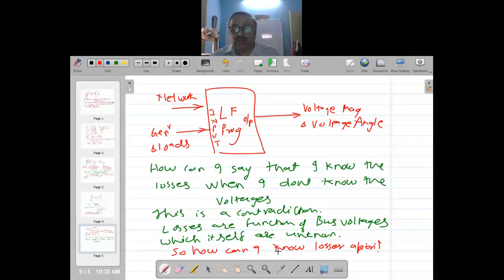How can I know the losses before the voltages are known? Because losses are a function of voltages. Unless I know the voltages, I cannot find the losses. And I am saying here that I know the losses because I know sigma PI, therefore sigma PGI minus sigma PDI. This is an incorrect statement.